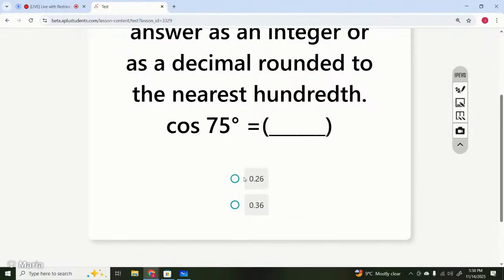That is 0.26. Option number 1 is the correct option. Very good. Okay, cos 60. So which is the correct option?